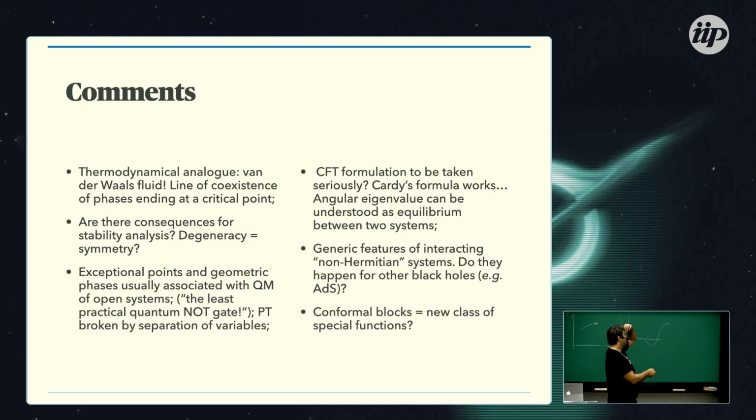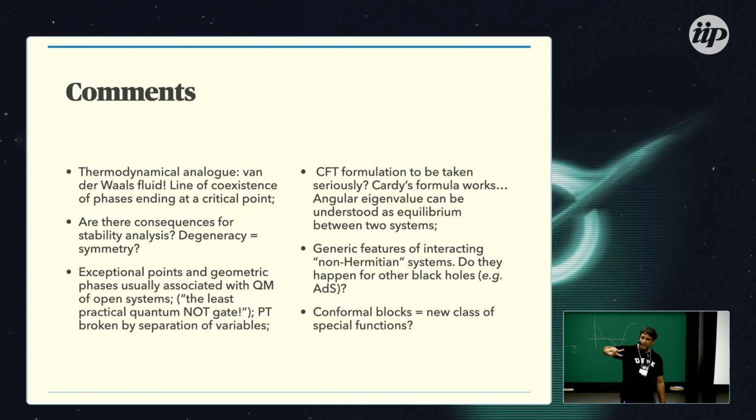Well, you can make the joke, I guess, that if this was a condensed matter system, this would be a good candidate for a quantum knot gate, because in a quantum knot gate, usually you feed the system with some particular superposition of two eigenstates, and then you move it adiabatically in parameter space until they are interchanged. And this is exactly what's going on here. If you go around the exceptional point, the first overtone and the fundamental mode change places.